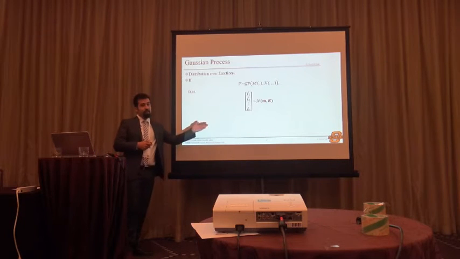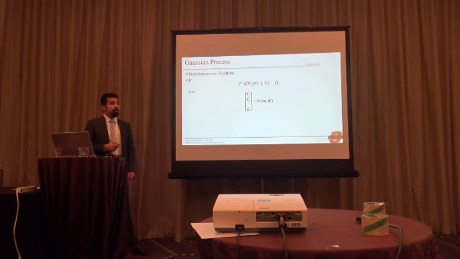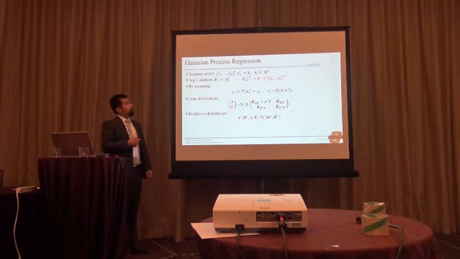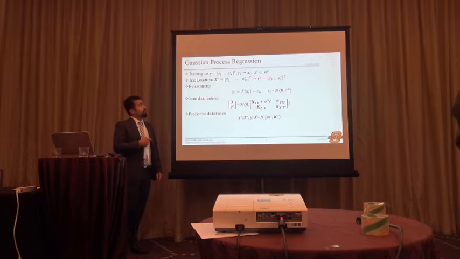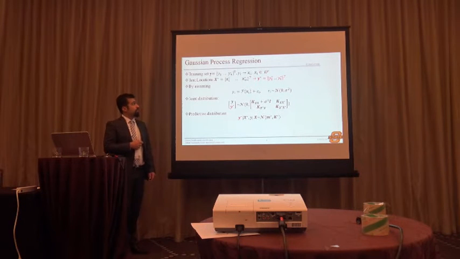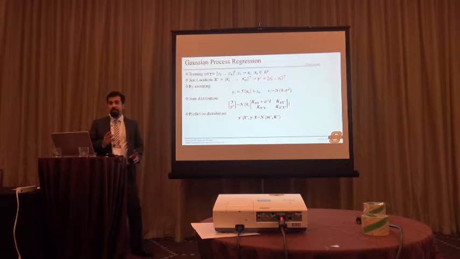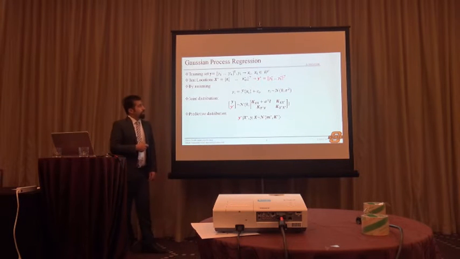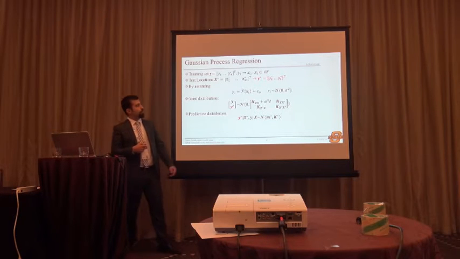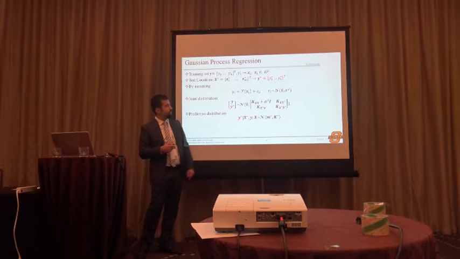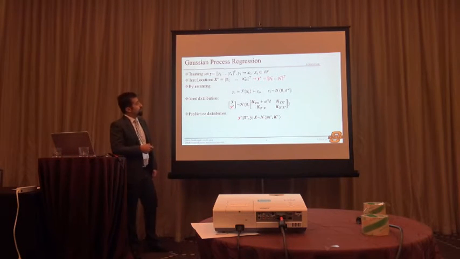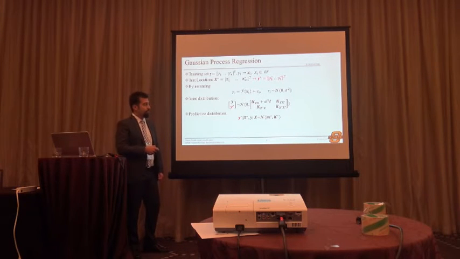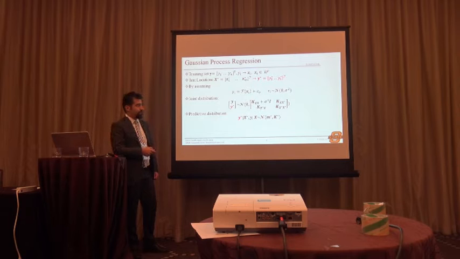We can apply this idea to regression, where for a given training set and a set of test locations, by assuming a functional relationship between x and y, we can construct the joint distribution between the training and test data points as a normal distribution with zero mean and the variance covariance structure like this.